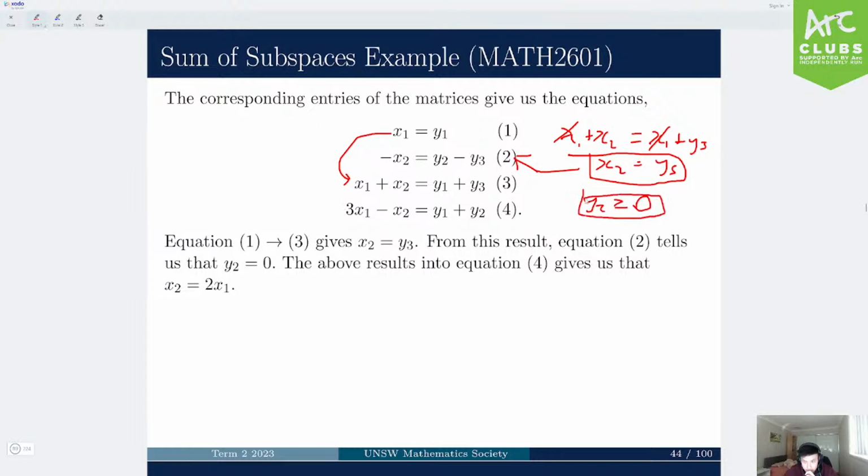And again, we sub this into equation 4, and that gets us 3x1 minus x2 is equal to y1. But we know that y1 is equal to x1 from the first equation, and hence that gets us 2x1 is equal to x2.